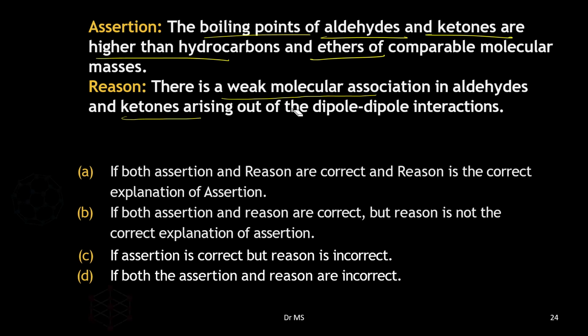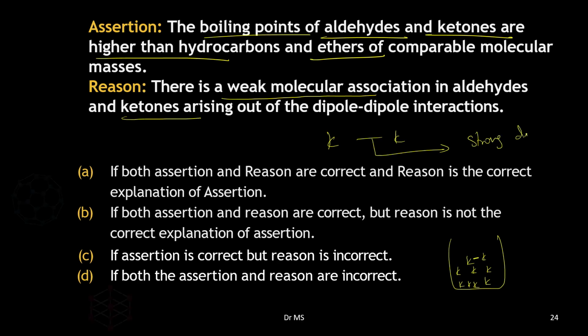So one ketone and the other ketone will show the association. Suppose you take a jar, and in the jar we have a lot of ketones. But from one ketone to the other ketone, the association is weak. But whatever weak association is there is due to the strong dipole-dipole interaction.